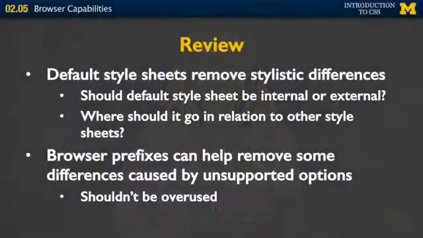In that same way, when you put a link to your default style sheet, make sure it's first, because the way browsers work is it goes style sheet, style sheet, style sheet. So if you put yours first and then the default style sheet, it's going to overwrite everything cool that you've done so far. Finally, remember that browser prefixes can help remove some of those differences caused by unsupported options.